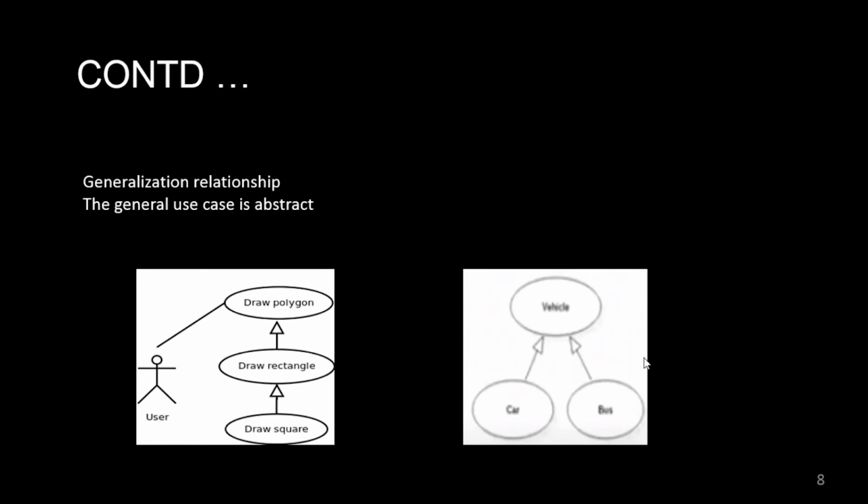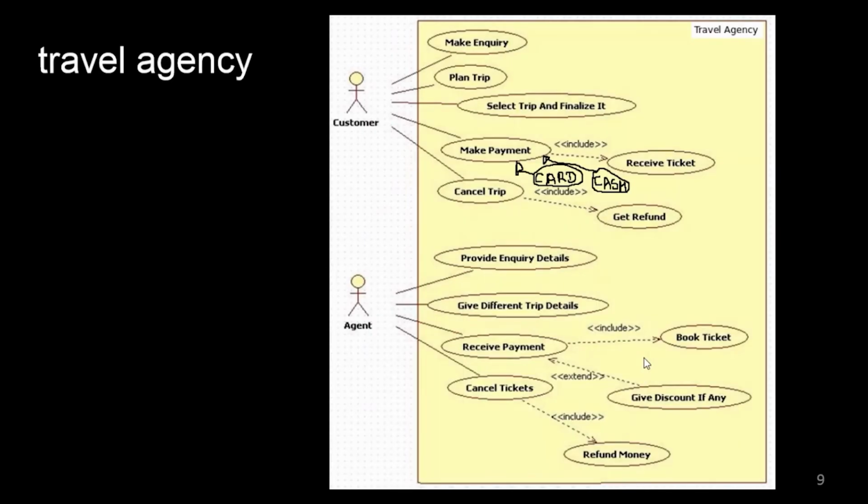You need to complete that included use case. The included use case is required to perform that base use case functionality. And with generalization, the base use case is an abstract use case, and we can inherit its functionality for our derived use cases. Okay, so we'll see some examples.